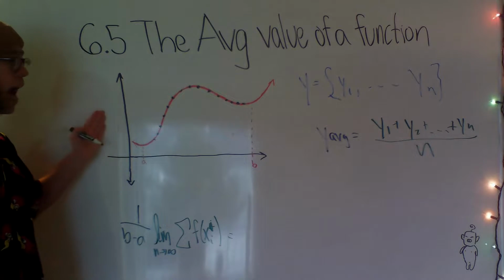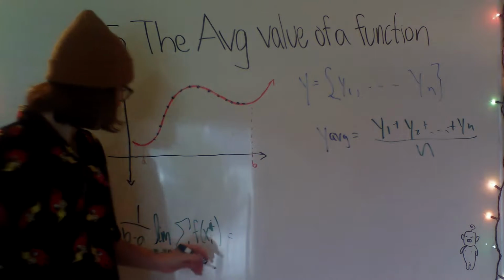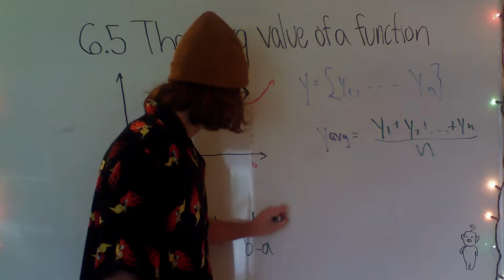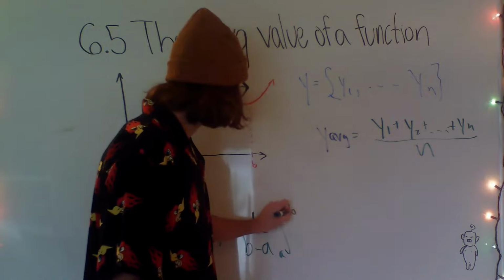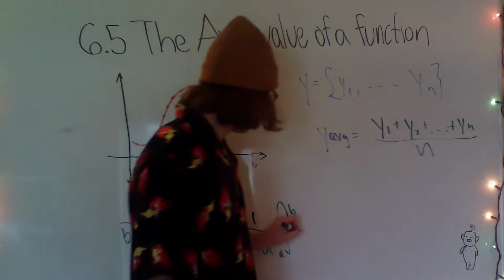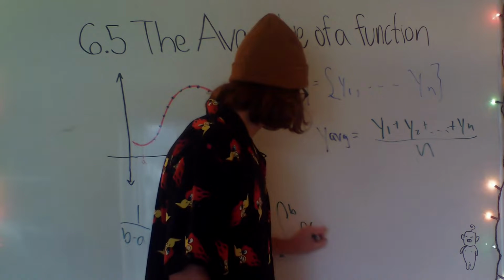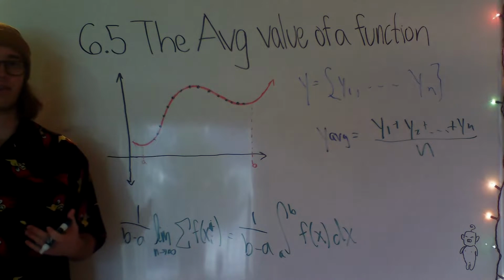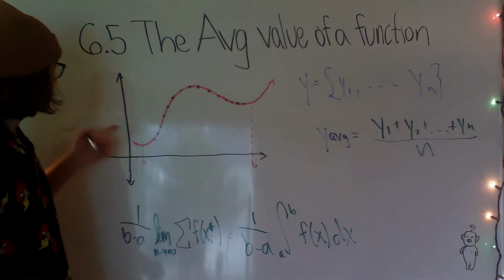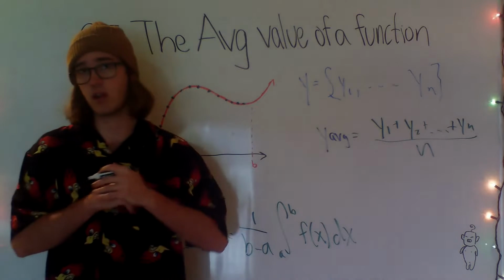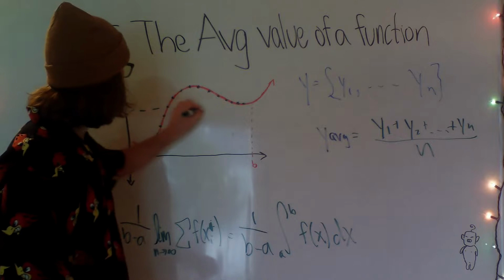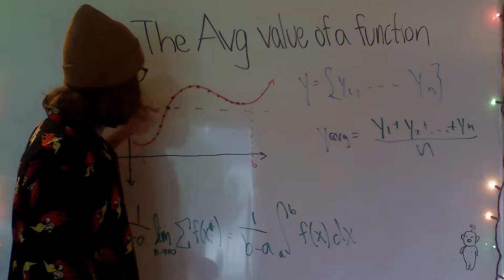So we can say that the average value of the function is equal to 1 over b minus a, integral from a to b of f of x dx. And this is going to be the average value of our function. So what that basically will do, it'll give us some c such that f of c is the exact average value, maybe right here.